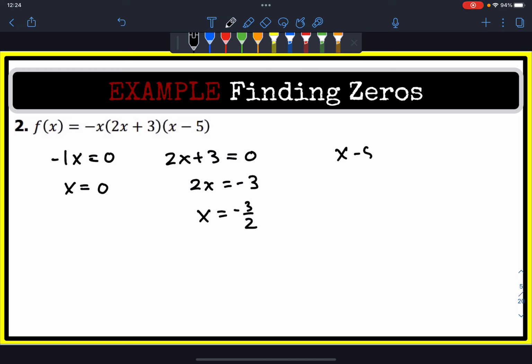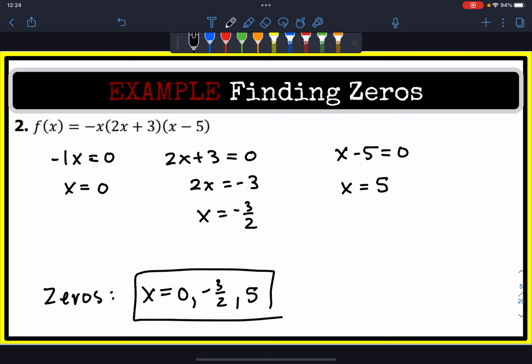And x minus 5 equals 0 by making x equal 5. So those are your zeros. And there you have them.